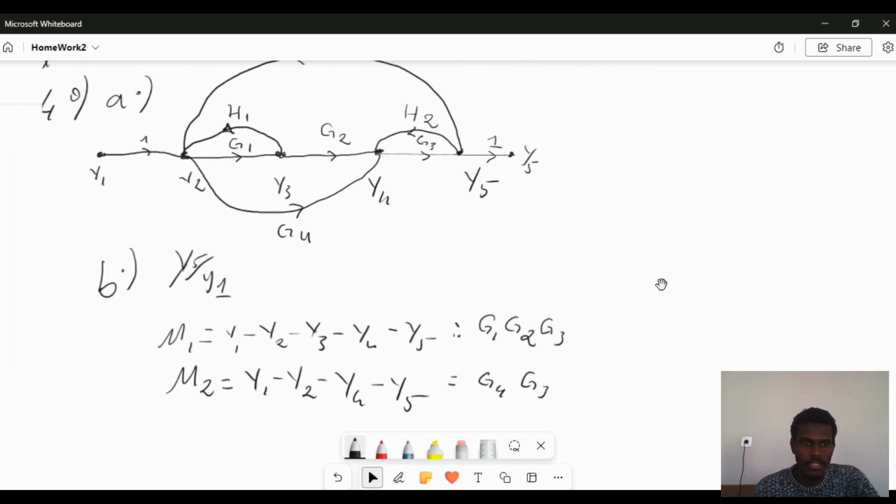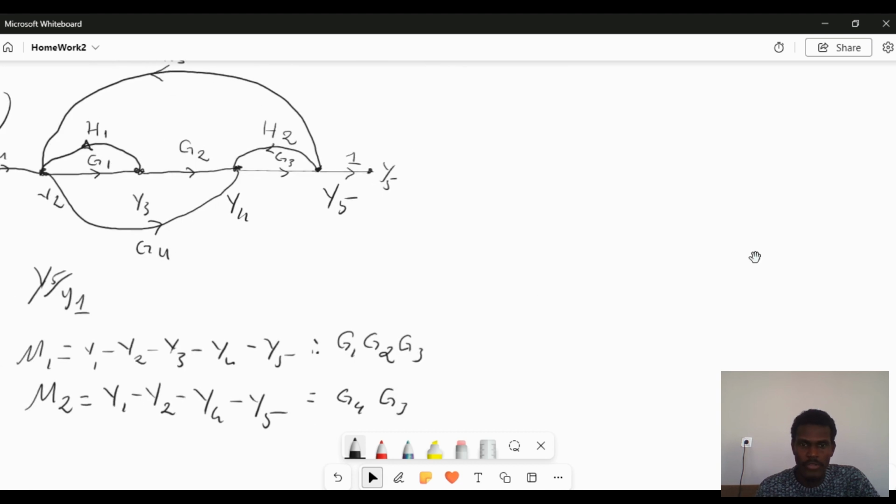So let's see how many loops we have. We can call the first L1, which is y2, y3, and again y2.